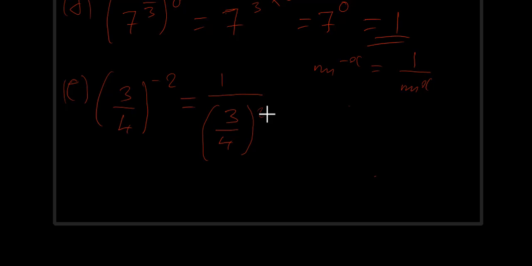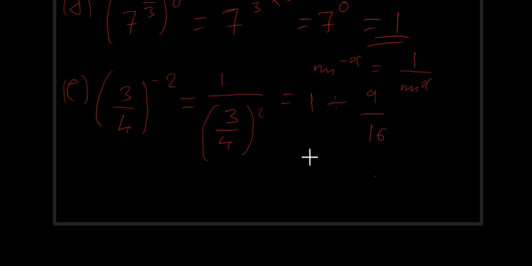Okay, so we're saying divided. So 3 multiplied by 3 is 9 over 16.